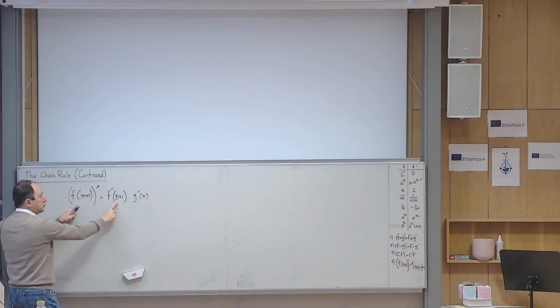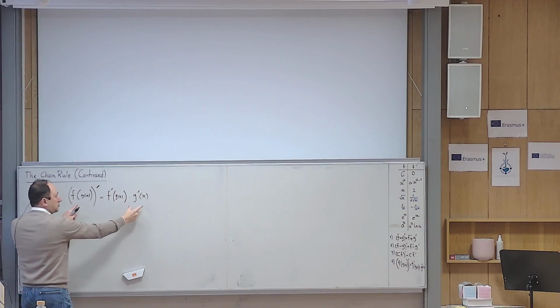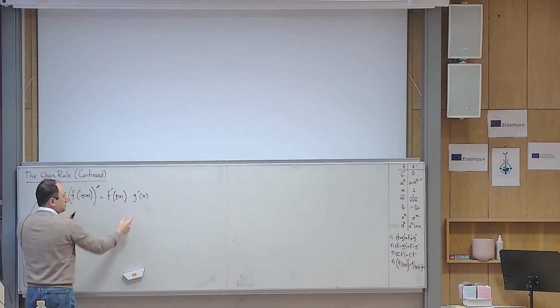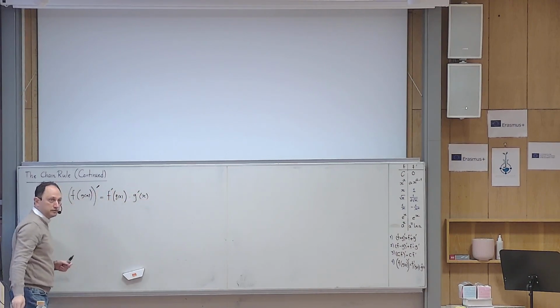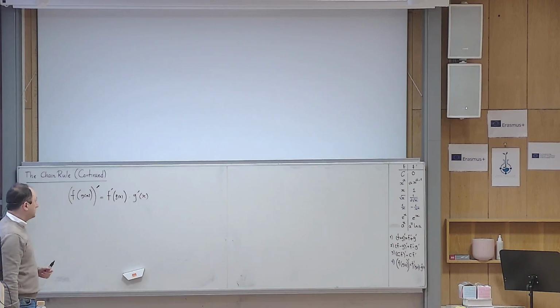These are not equal things, unless coincidentally this turns out to be 1. If the derivative of the inner function is 1, these two symbols are identical. Otherwise, they are related by what we call the chain rule.